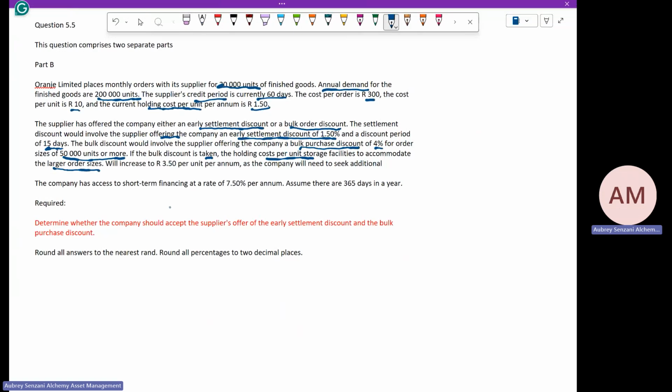If the bulk discount is taken, the holding cost per unit will increase to 3 rand 50 per unit per annum, as the company will need to seek additional storage facilities to accommodate the larger order sizes.